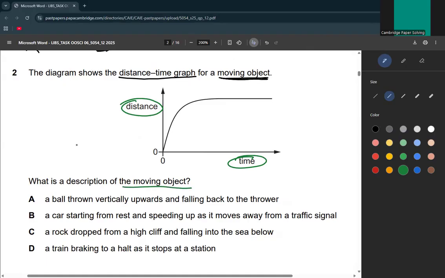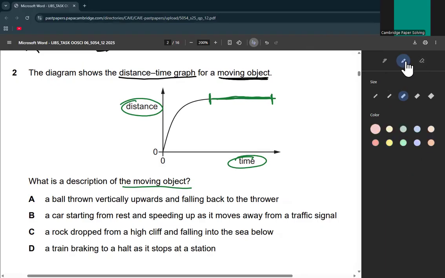Here, the graph is divided into two parts. First is this part, where the gradient is constant.